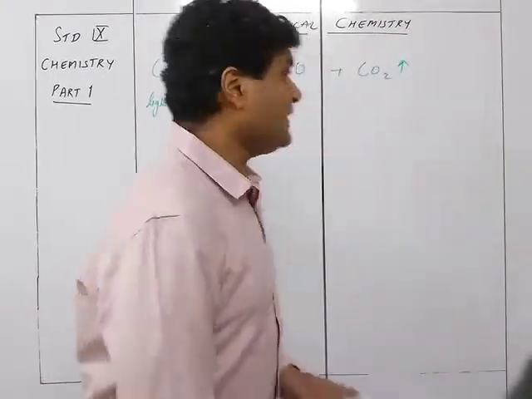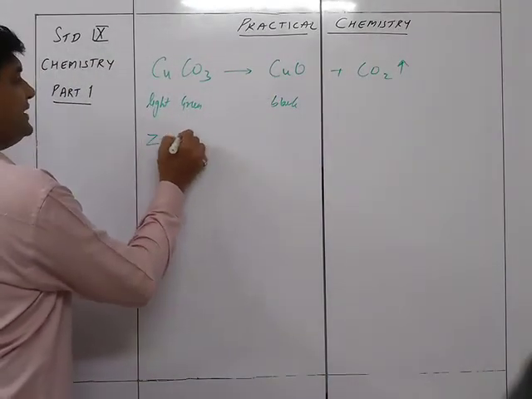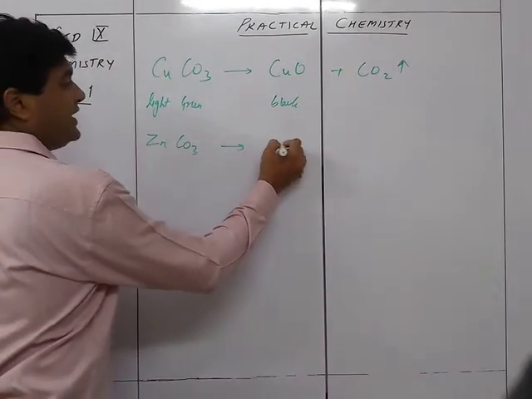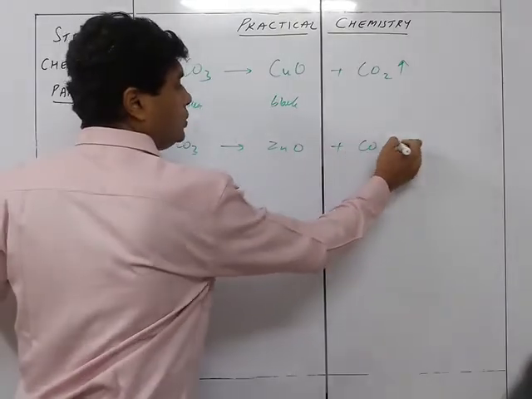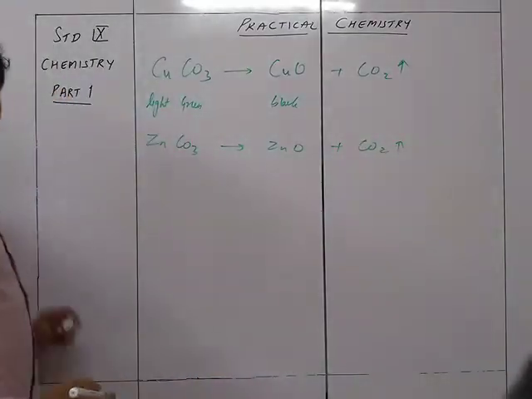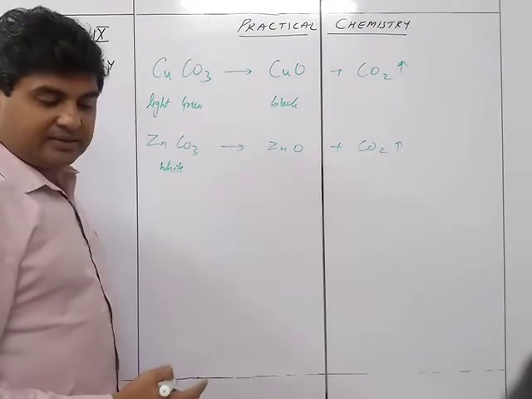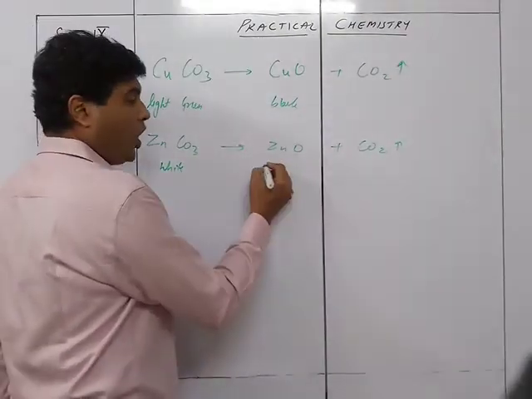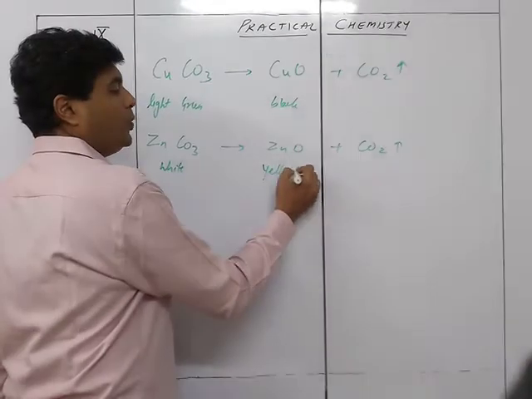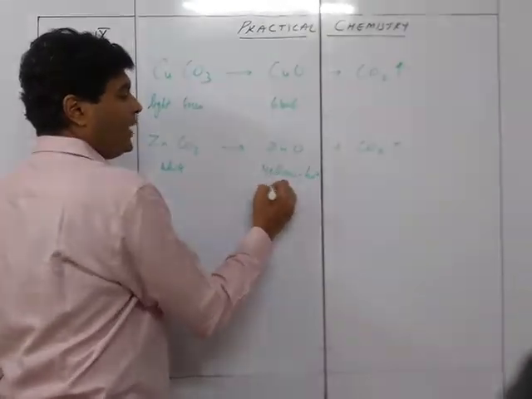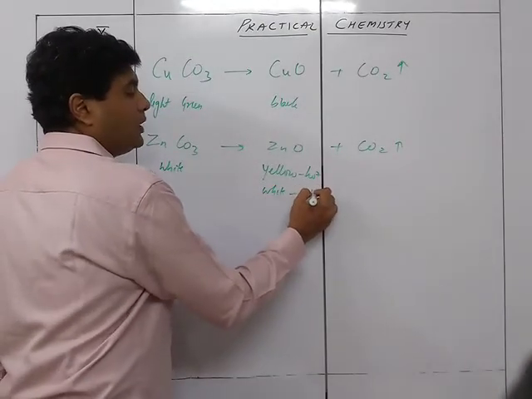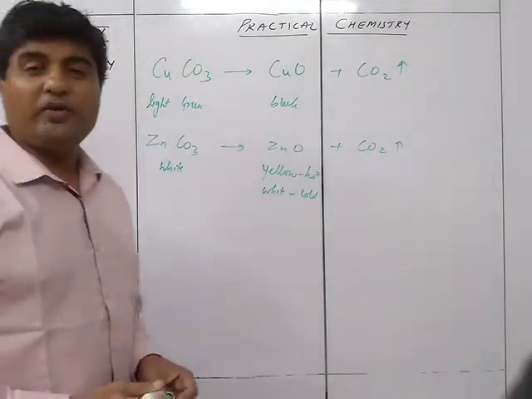The next could be zinc carbonate. Again the same thing, ZnCO3 will give you ZnO plus CO2. Again the color changes are very important. This is white in color, but here the color is such that when it is hot, it will be yellow, and it will be white when it is cold. So if it is cold or hot, it will be of different colors.